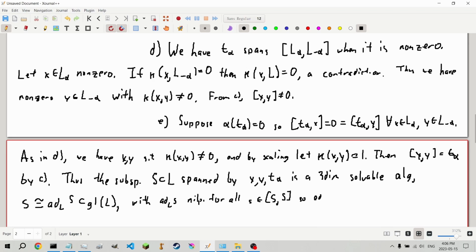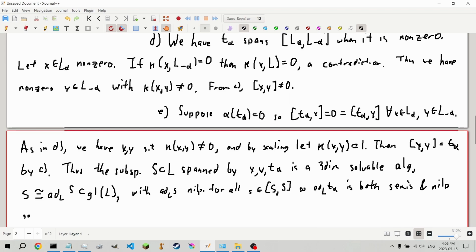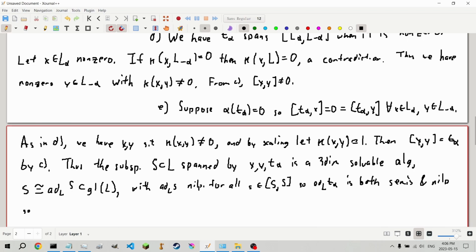So the adjoint L of T alpha is both semi-simple and nilpotent. So the L adjoint of T alpha is 0.